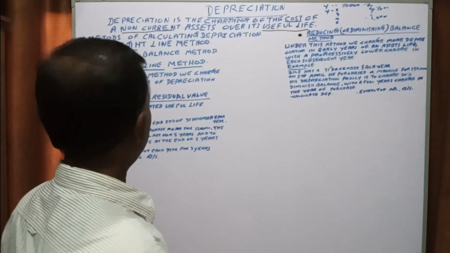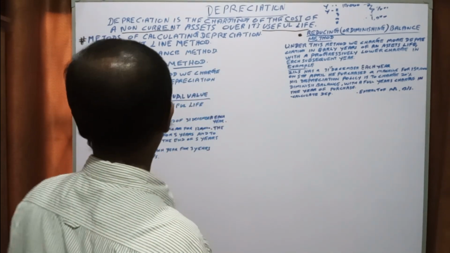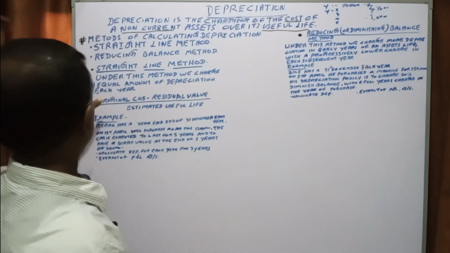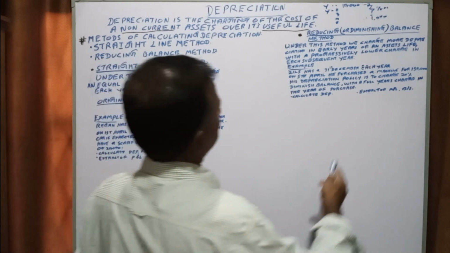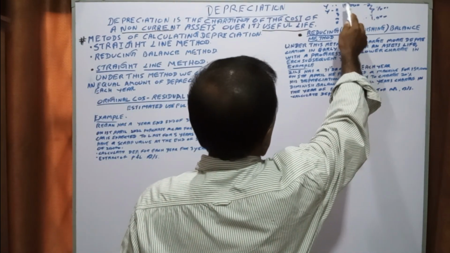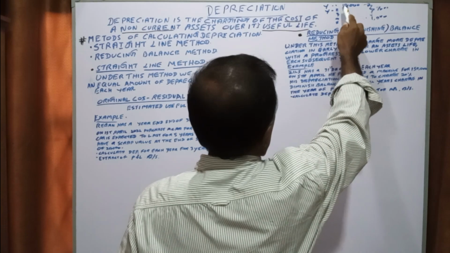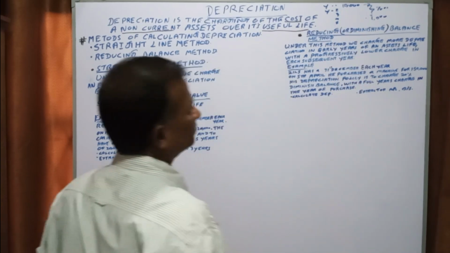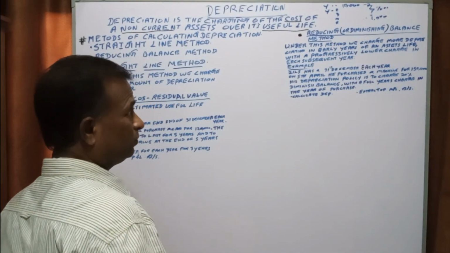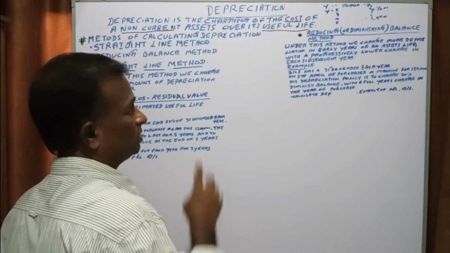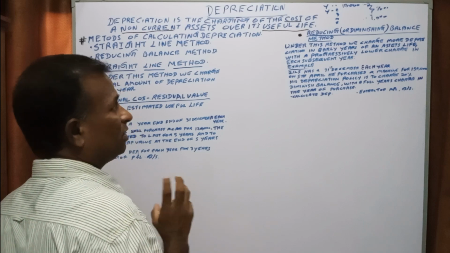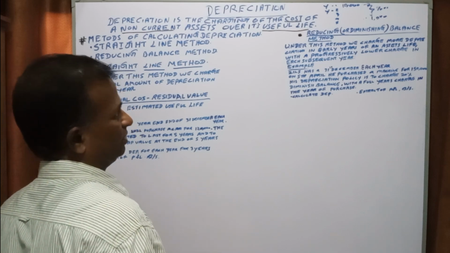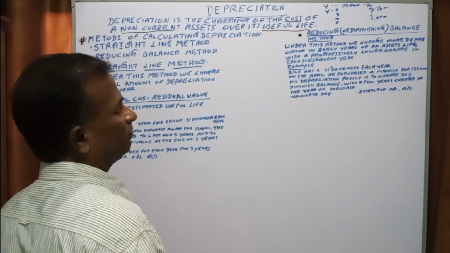The lifespan is 5 years, the scrap value is 1,000, so 9,000 has to be depreciated over 5 years.